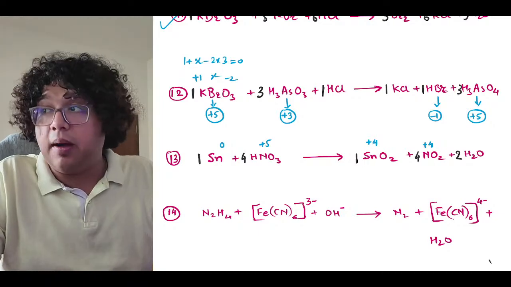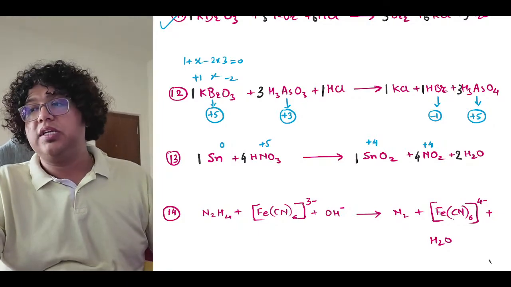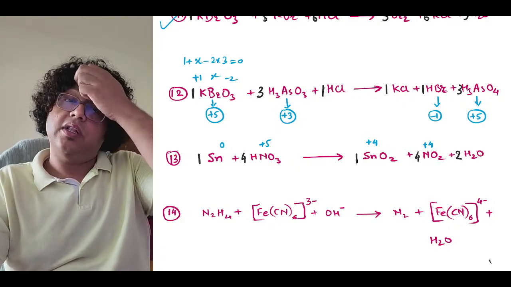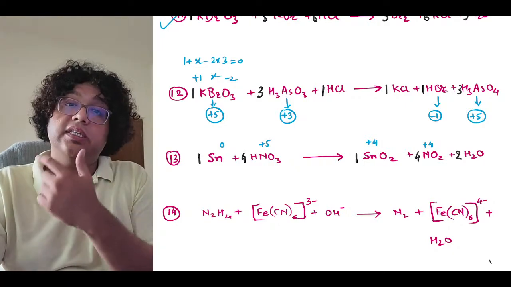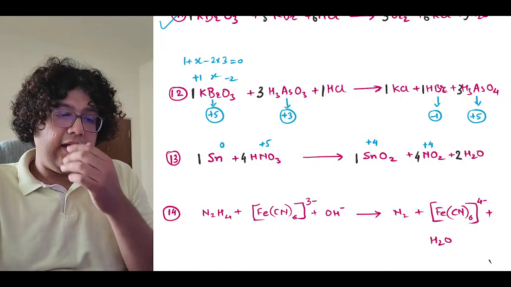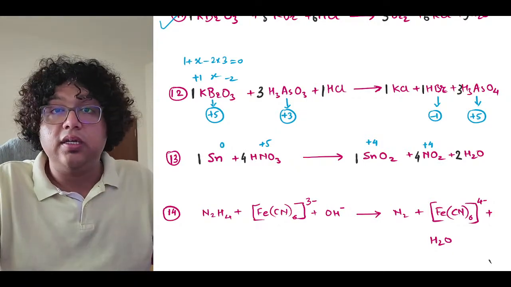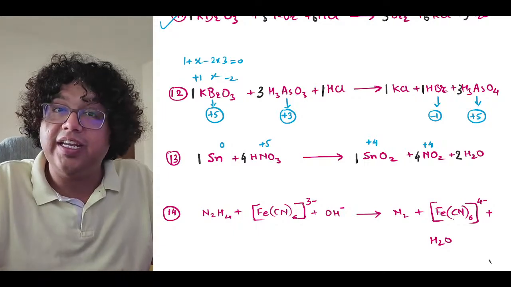Now about the application of this chapter, you will see application in mole concept, in redox. In class 12th you will see application of redox in the chapter electrochemistry, and mostly in all the chapters of inorganic chemistry.